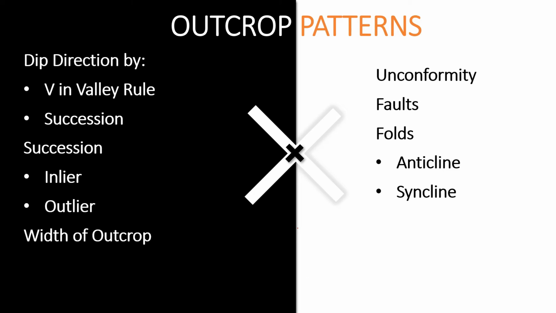So the dip direction by succession is done by first consulting our stratigraphic column, most commonly called our legend. It is indicated in our legend the succession, or the sequence of the layers of the rocks beneath our surface.